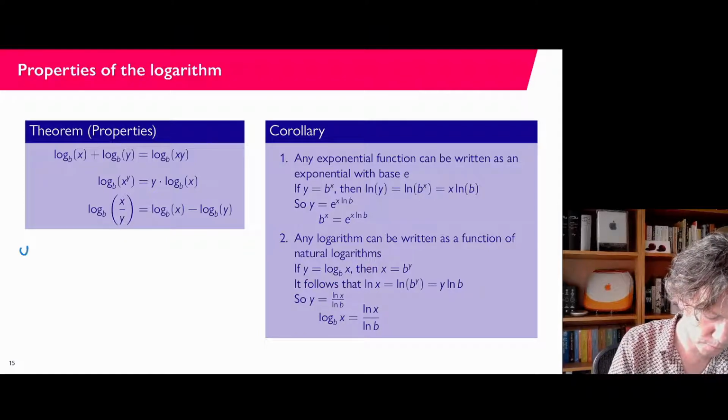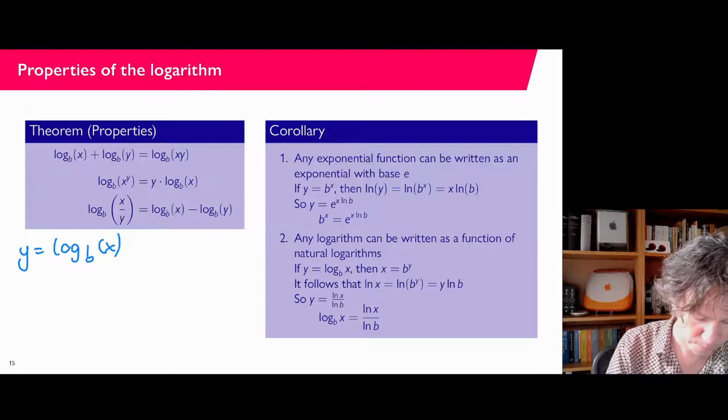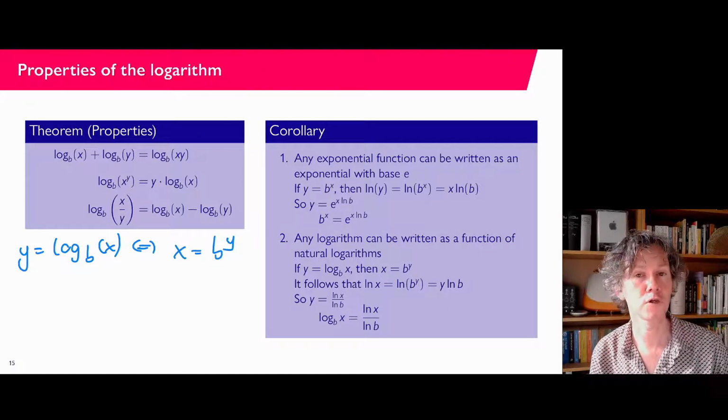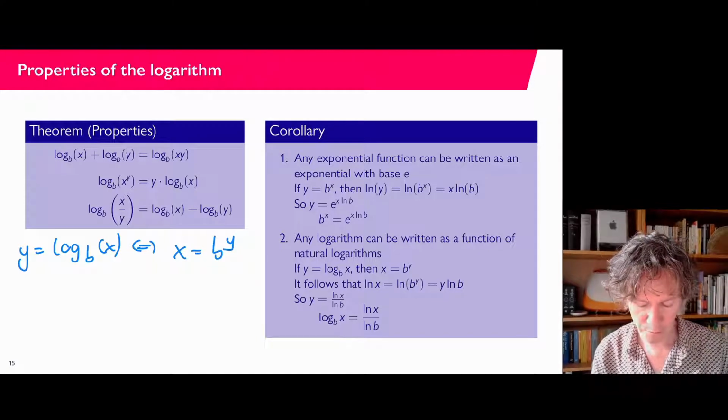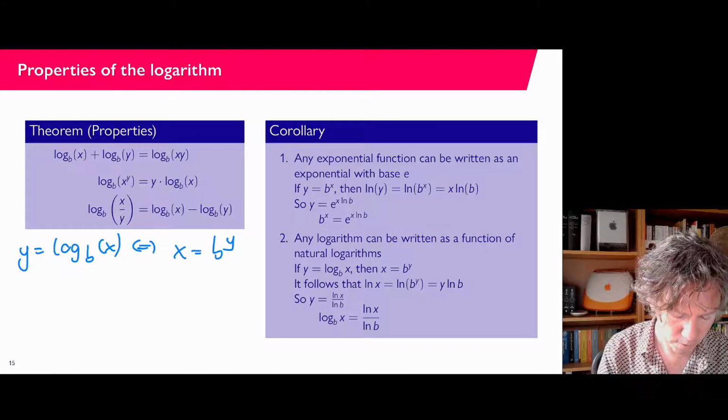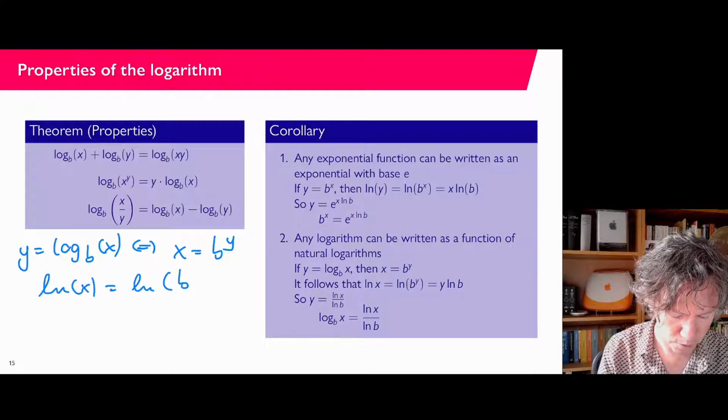So we have, say, y is the b log of x. That means that x is b to the power y. That's the definition of the logarithm. Now I'm going to take the ln. So I find that ln x is ln b to the power y, which is y times ln b.